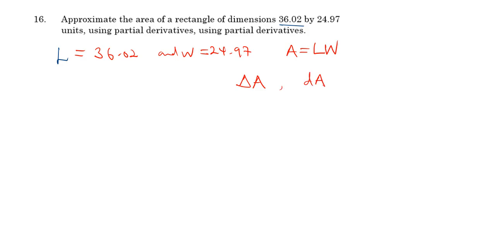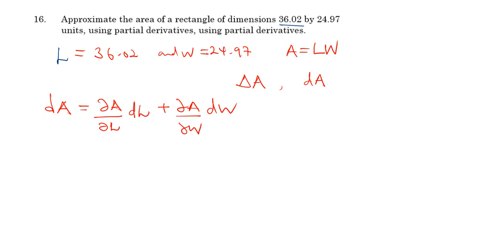The total differential is going to be the partial of A with respect to L, multiplied by dL, plus the partial of A with respect to W, multiplied by dW.